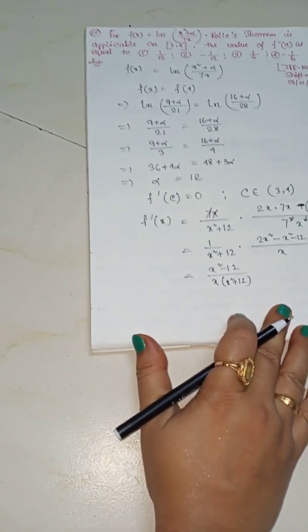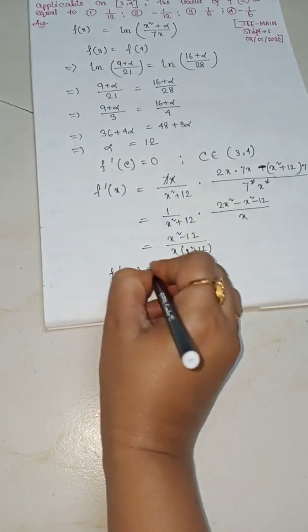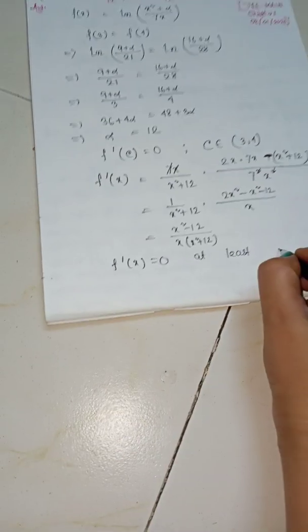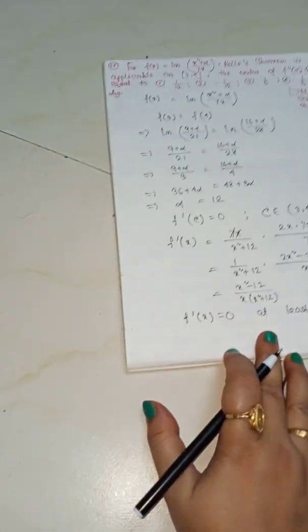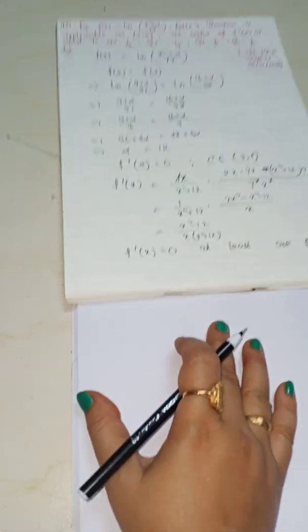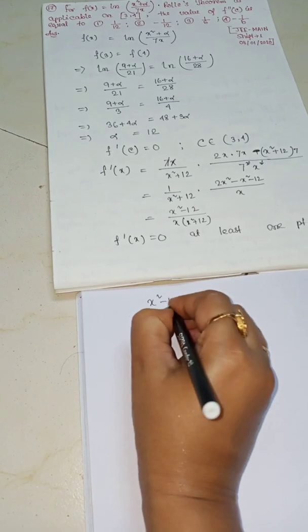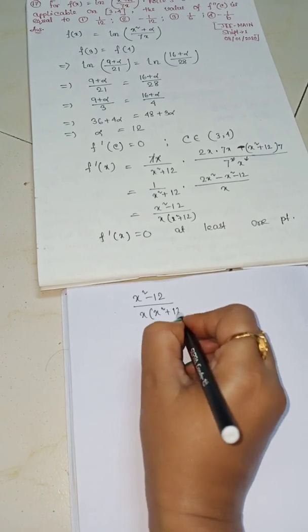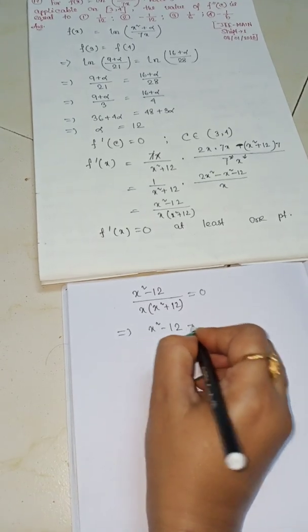Now f'(x) is also 0 at least at one point. So f'(x) = (x² − 12)/(x(x² + 12)) is equal to 0.